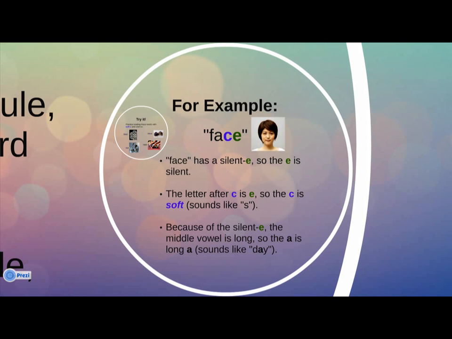And finally, because of the silent E rule, we know that the middle vowel, or the vowel before the C, will have to be long. In this case, that vowel is A, and instead of making the short A sound, it will make the long A sound, which is the same as the word day. So when we put that all together, we get the word face.